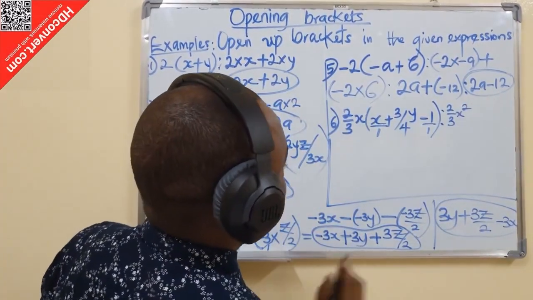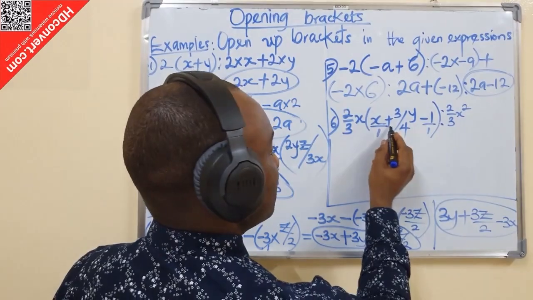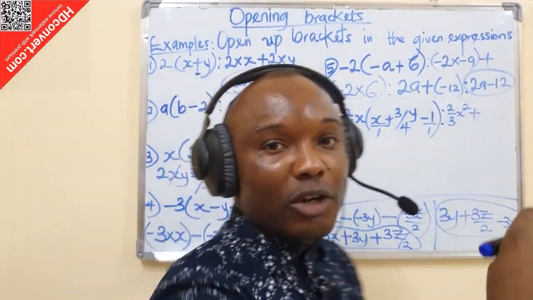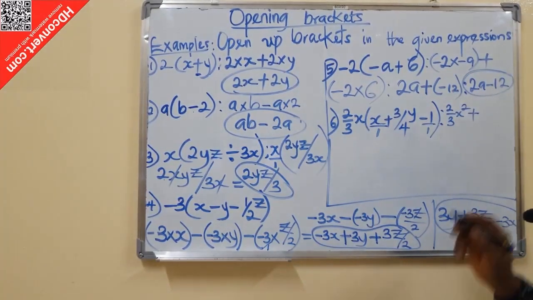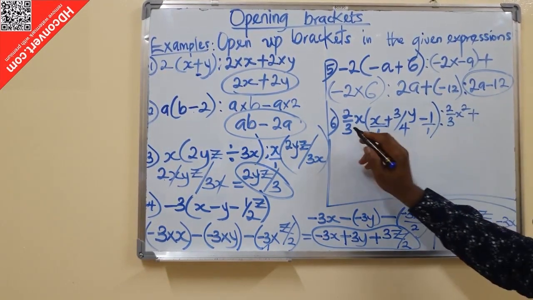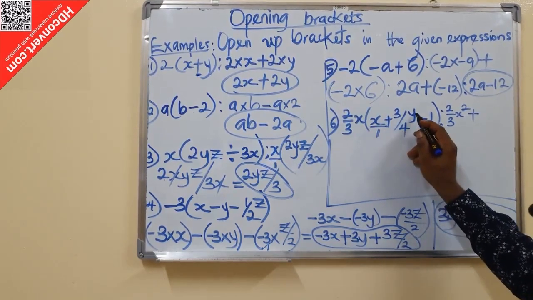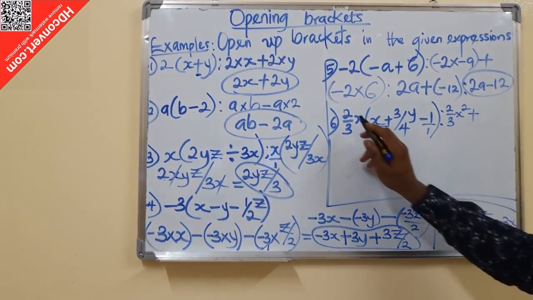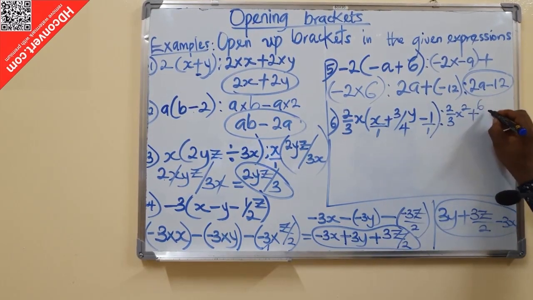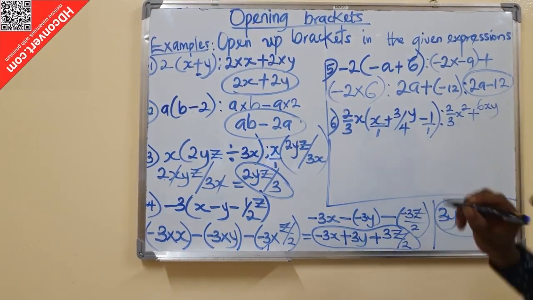Done. Next, this is already positive and this is positive. We'll go straight to add. This is an addition. I hope I'm not covering you. Therefore, in this case, all we need to do is 2x times 3y will give us 6xy.